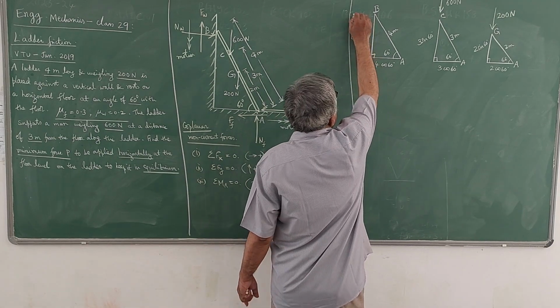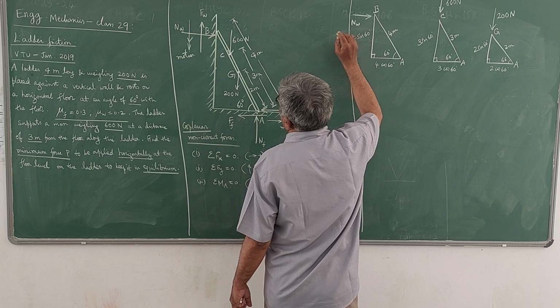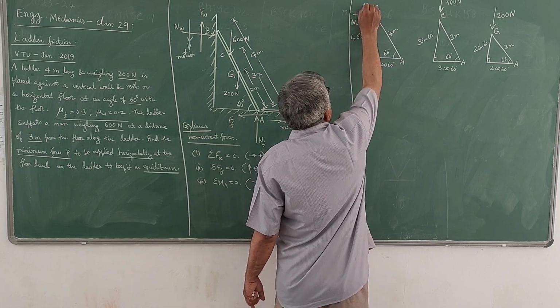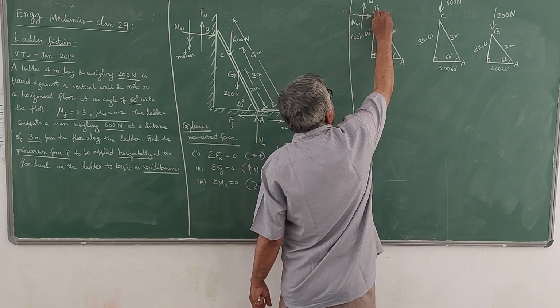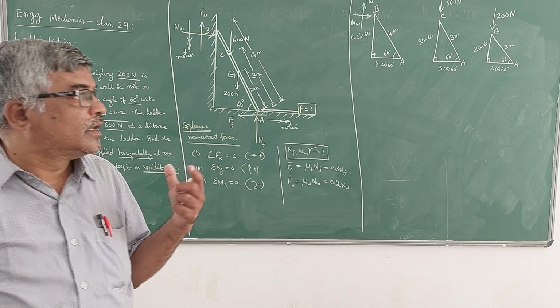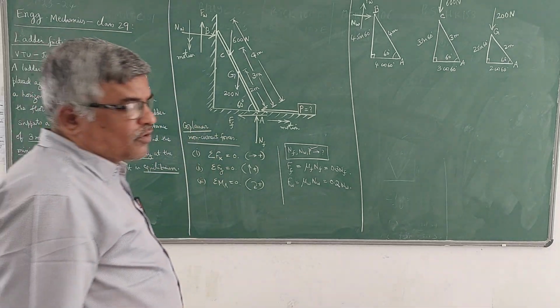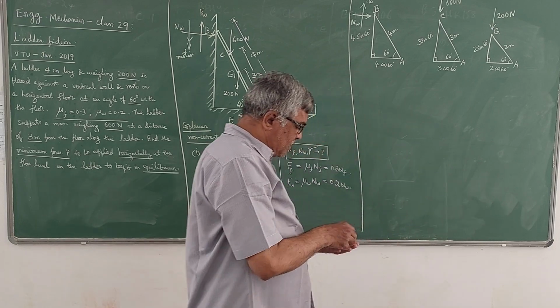One is the normal reaction NW, another one is the frictional force FW. So these two are acting at B. Once you note down the distances and the forces acting at the respective points, you can easily calculate the moments.